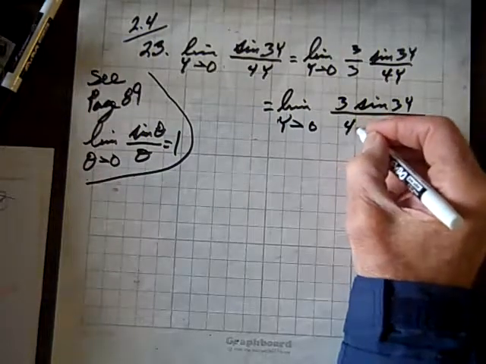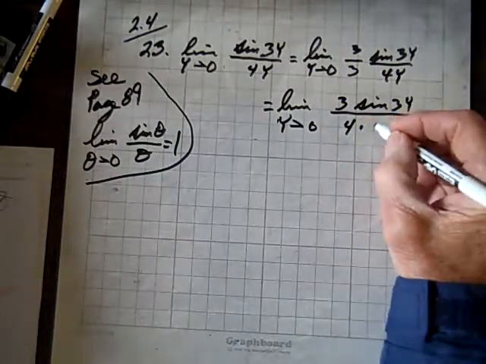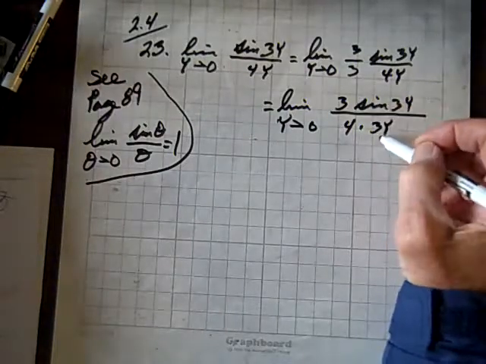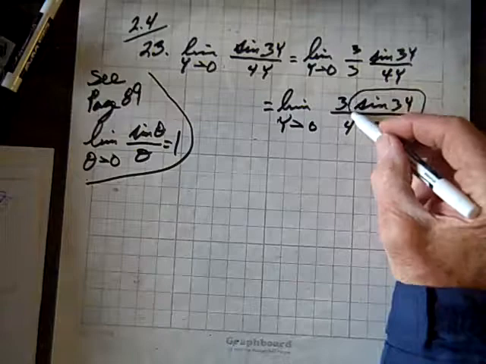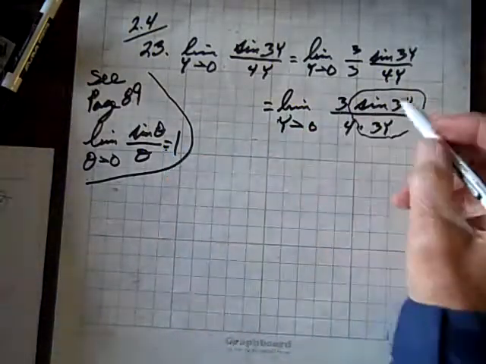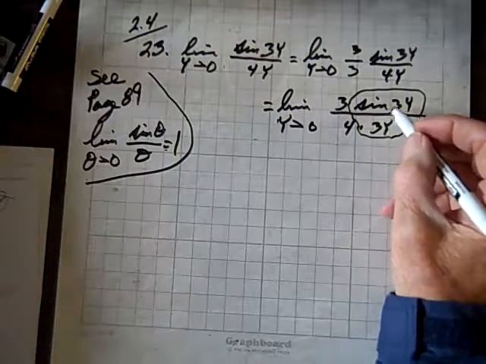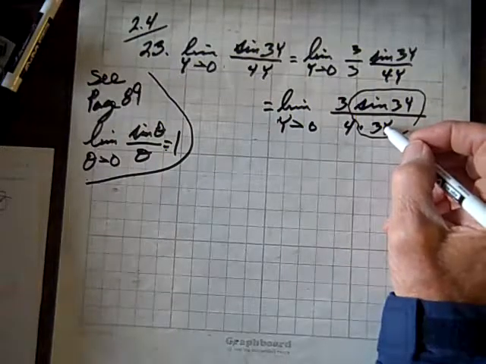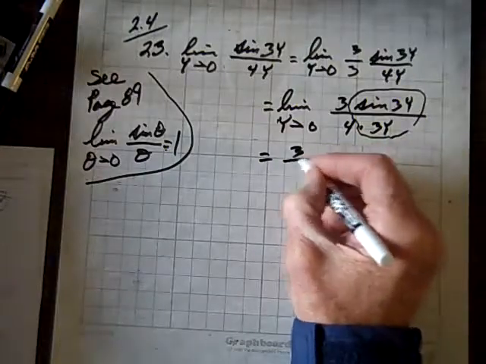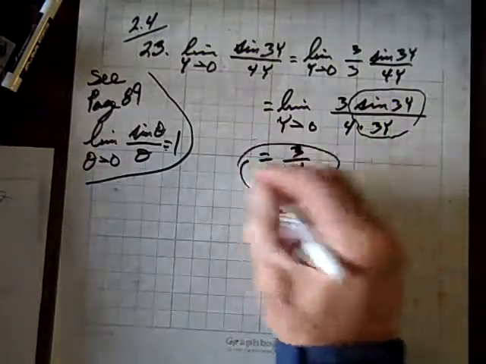So that's going to be 4 times 3y. Now notice right here, we're meeting this criteria. So the limit as y goes to 0 of this thing is simply going to be 1, and 1 times 3/4 is 3/4. And we are done.